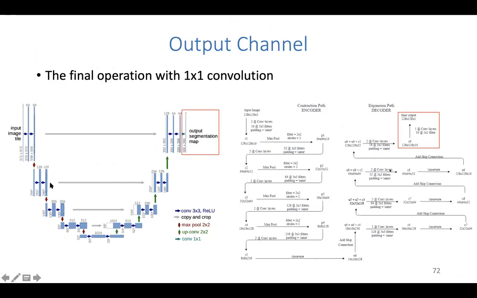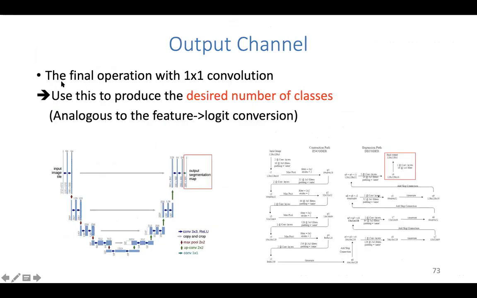So here, in the original figure, it was this part, and in the more detailed figure, it was this part, right? So the final one by one convolution is to use this phase to produce the desired number of classes. This is kind of like when you have an image classification, you have a final global average pooling or whatever, and then you have a feature, and you want to map that feature into logits.